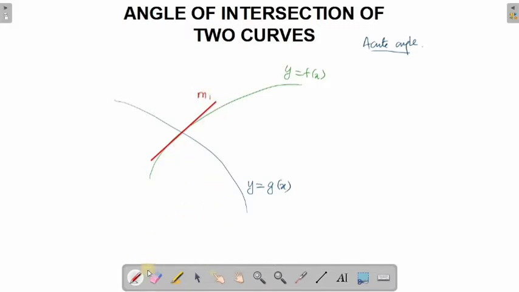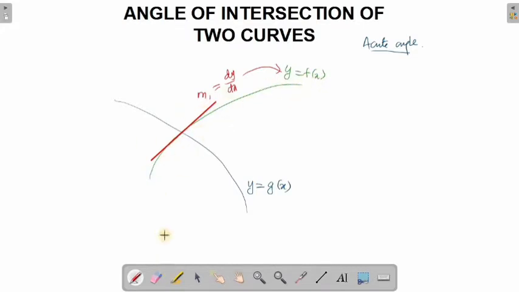Obviously, if this is your m1, the slope, then it will be nothing but dy by dx. The derivative of this function will give you the slope of this tangent, because this is the tangent to the curve y equals f(x).